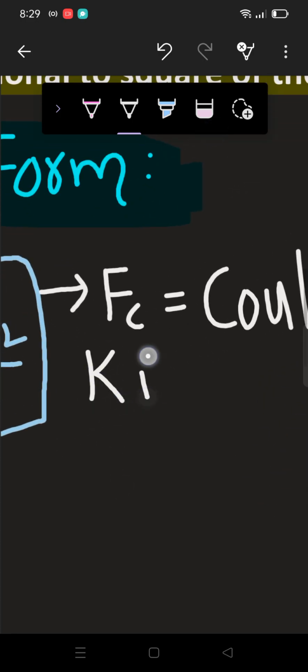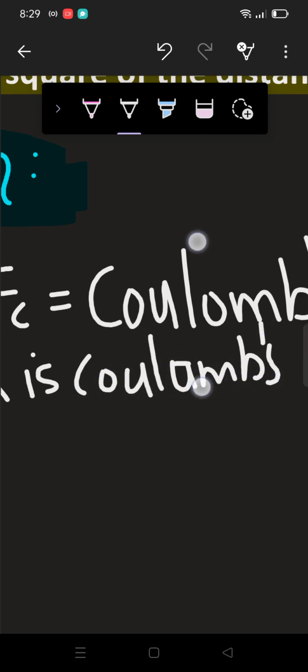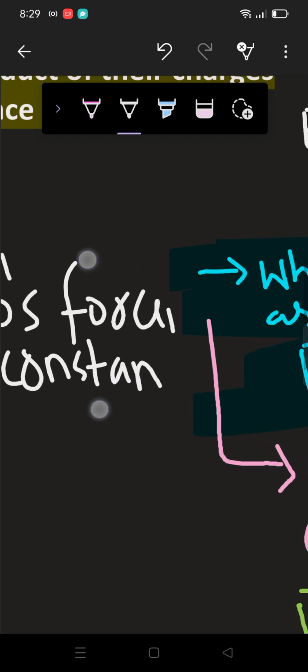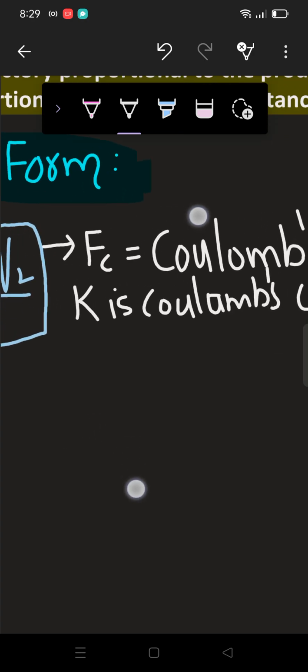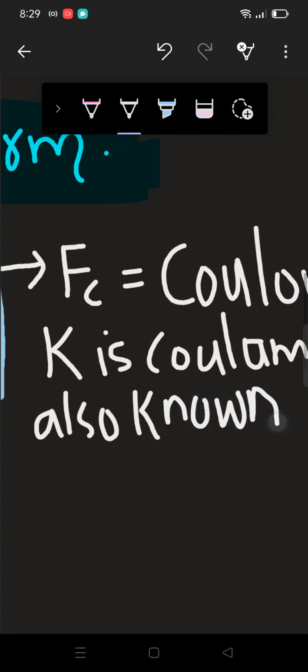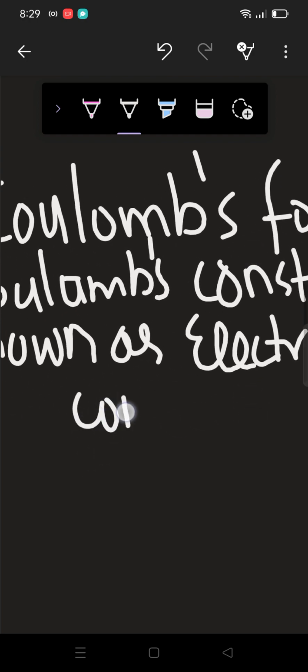K is Coulomb's constant, which is also known as the electrostatic constant.